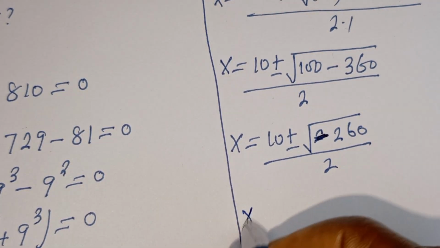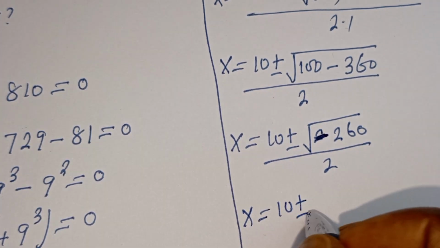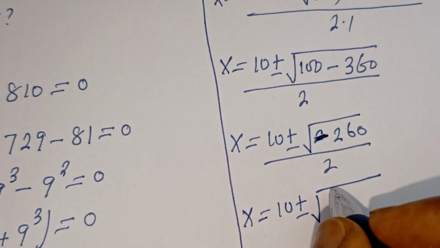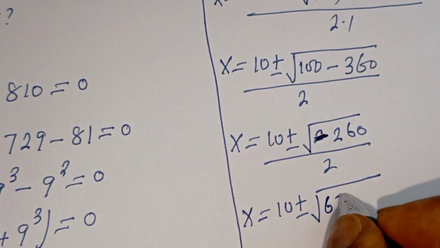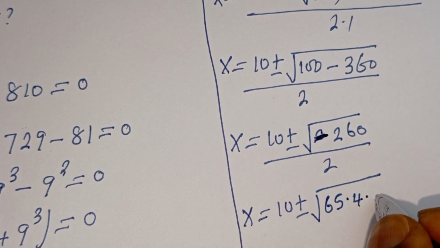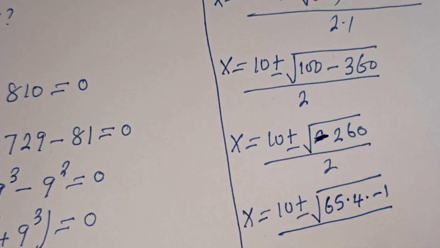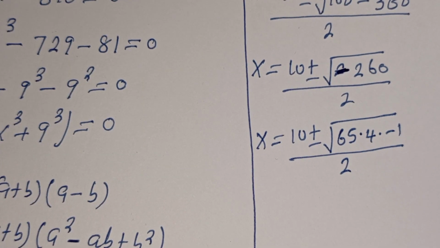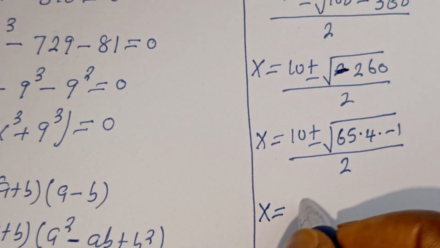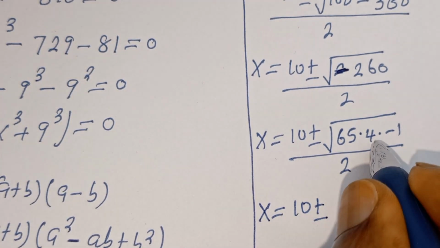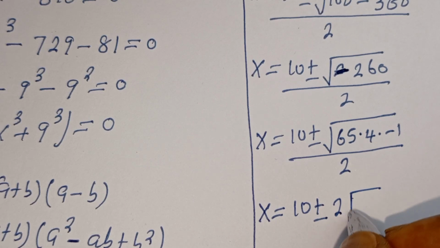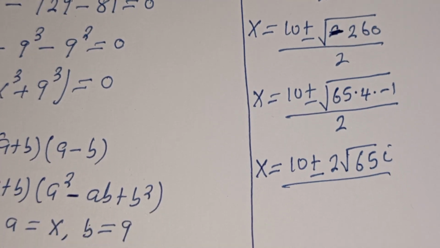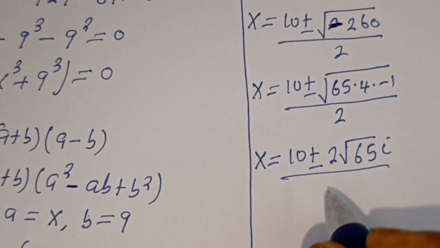Then s is equal to 10 plus or minus square root of minus 260, which can be written as 65 multiplied by 4 multiplied by minus 1, divided by 2. Then s is equal to 10 plus or minus square root of 4 is 2, square root of 65i, divided by 2.